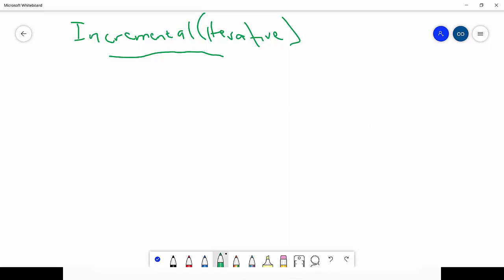You are still using the phases, which is why I'm still saying you need to learn those phases. But in an iterative approach, you are treating each iteration as a closed-end mini project. Okay, so for every iteration, you will treat it as a mini project.